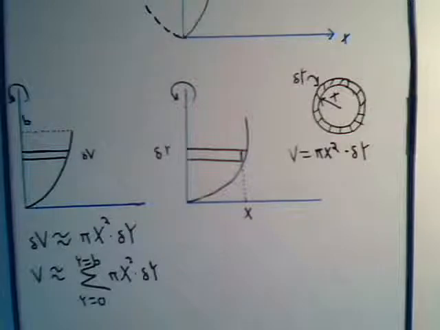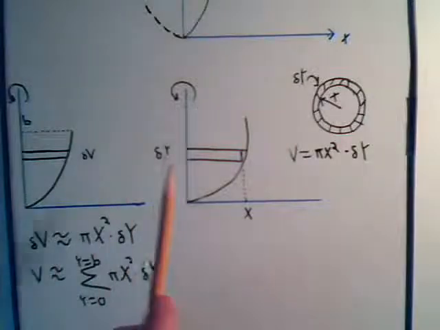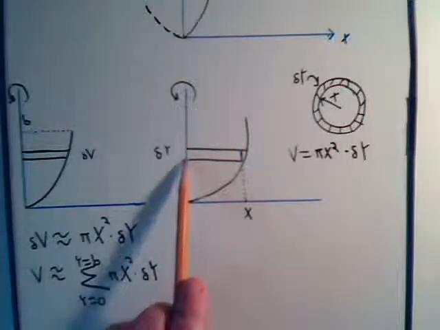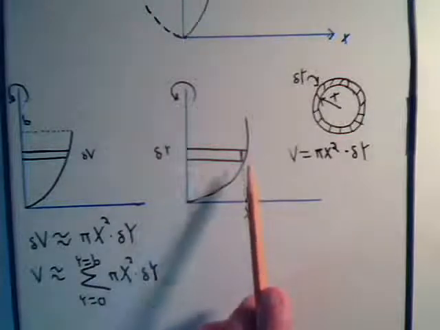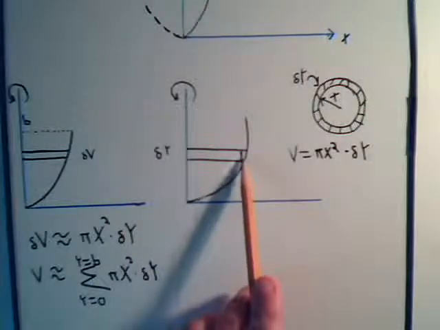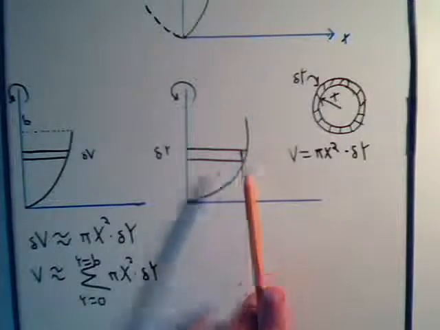Now imagine, as we're going through this process, that we can make delta y smaller and smaller. As we're doing that, we're clipping off less and less of this element over here.